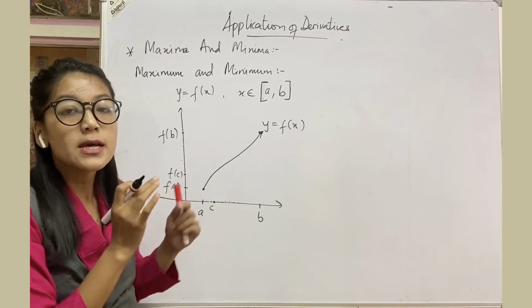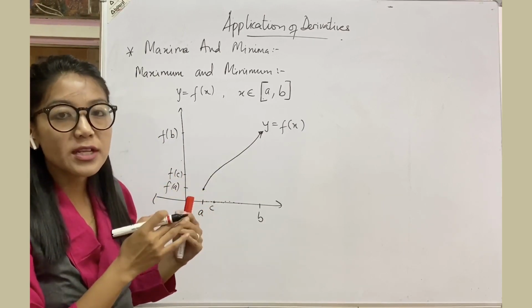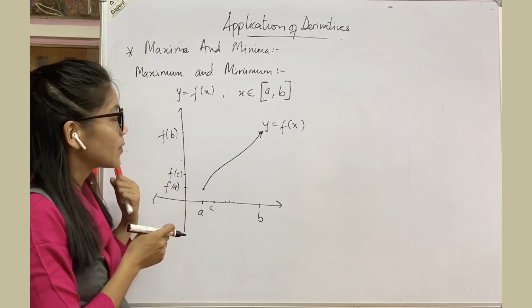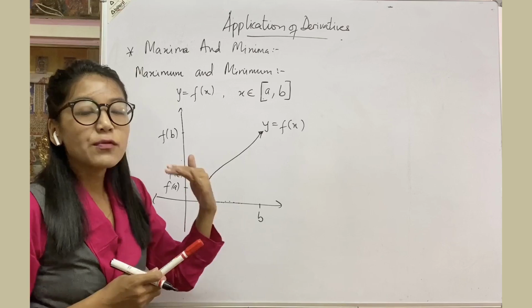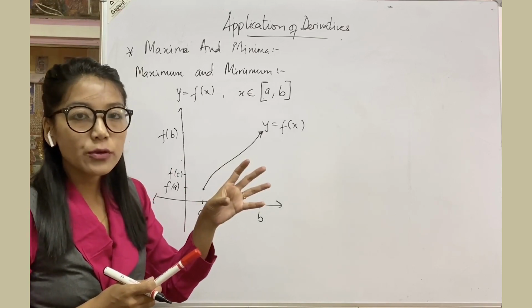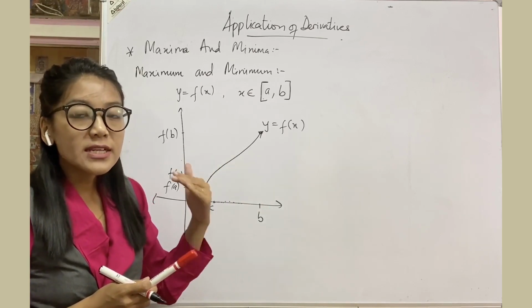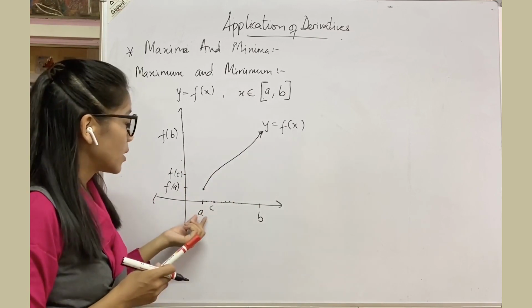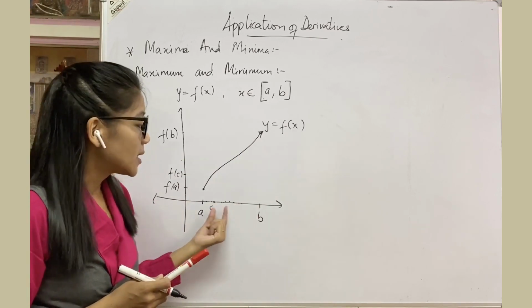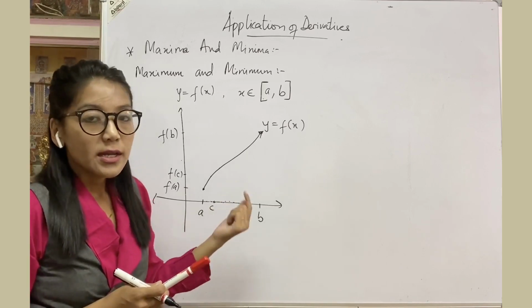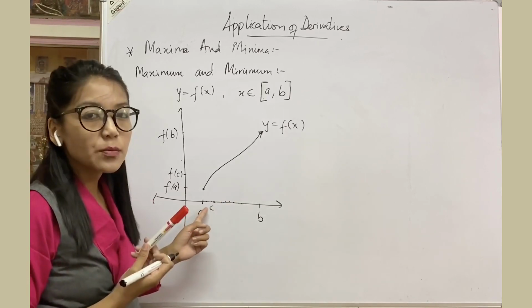Minimum means the least value the function can take. So f(a) is the minimum value. For all c in the interval [a, b], f(c), the function value, will be greater than or equal to f(a). If you get a point in the interval [a, b], let me take the point as c.